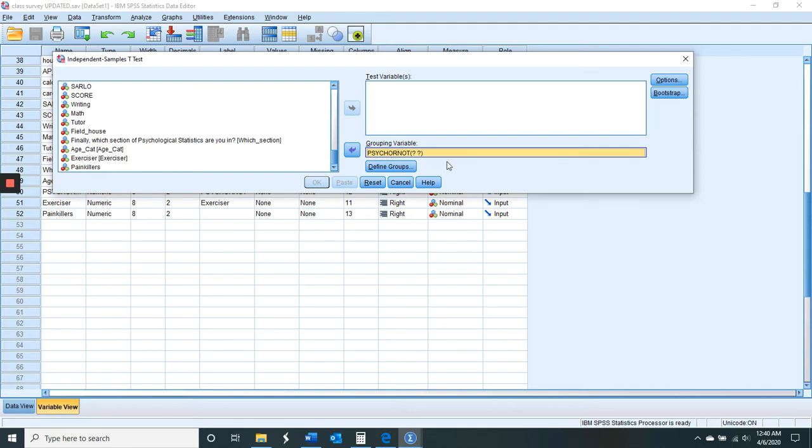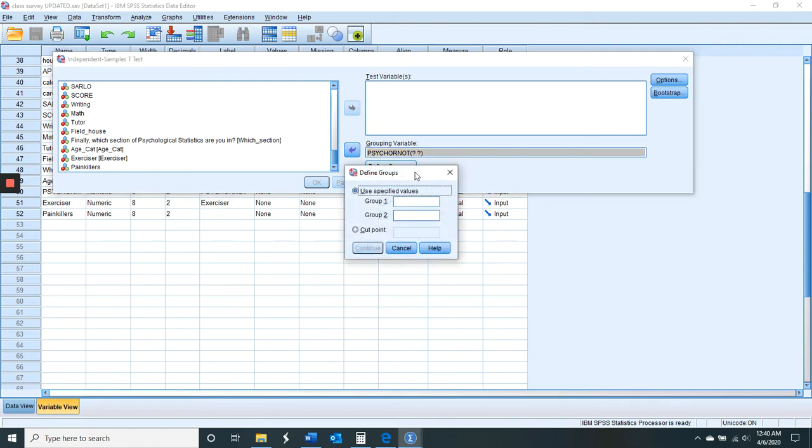So I called it psych or not. A tricky thing about independent t-test is it asks you to define the groups. All this is doing is having us tell the values, and so I gave 1 to people if they were a psych major. I gave 0 if they were not a psych major.